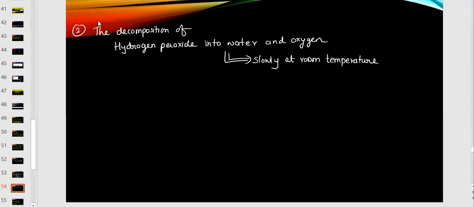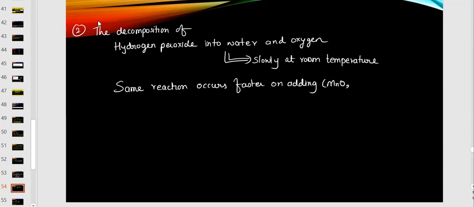The catalyst is going to help the reaction take place faster. What is MnO2 here? Manganese dioxide, which is acting as a catalyst in this reaction.